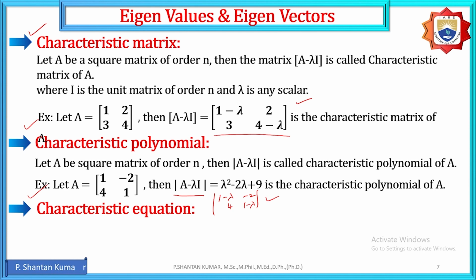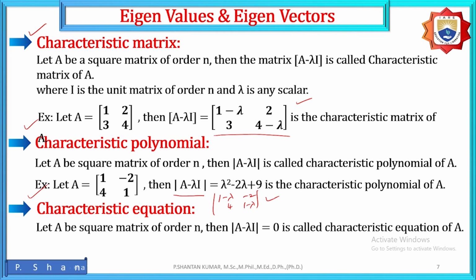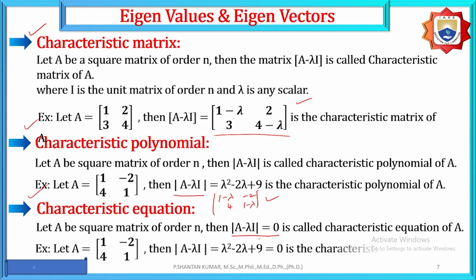The polynomial we obtain is called the characteristic polynomial. By equating the characteristic polynomial to 0, in the same example, we obtain an equation equal to 0. That is the characteristic equation.